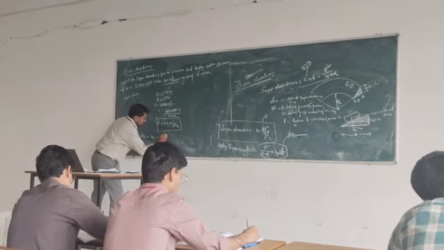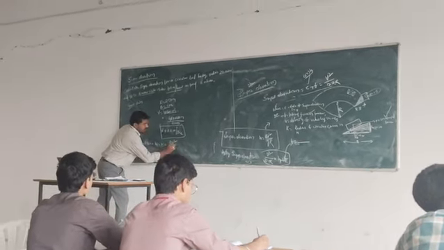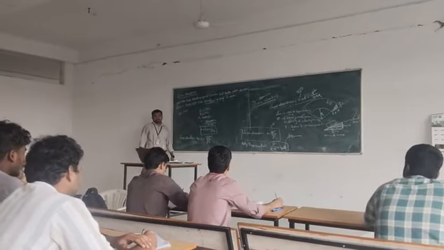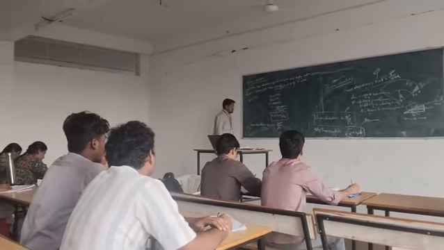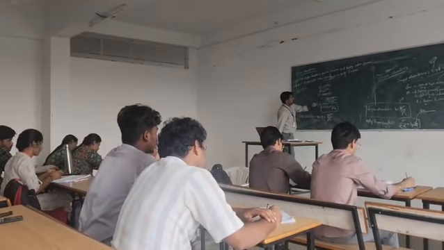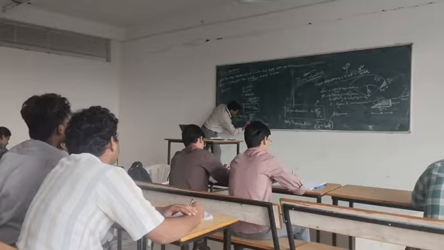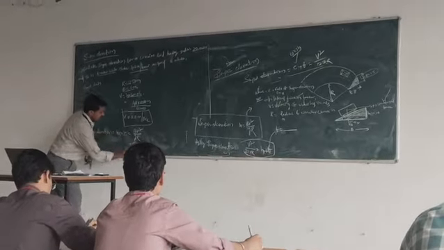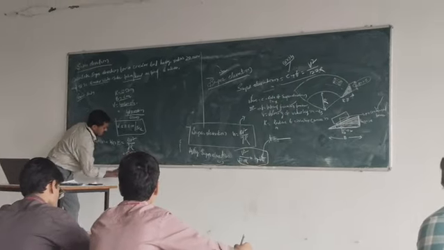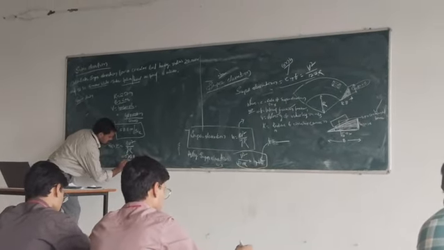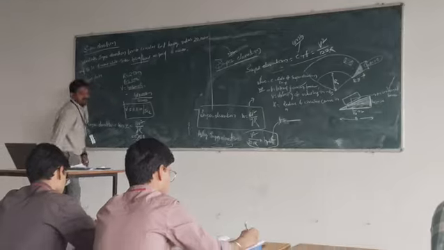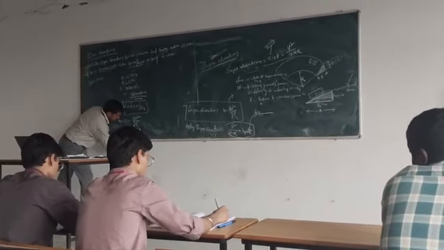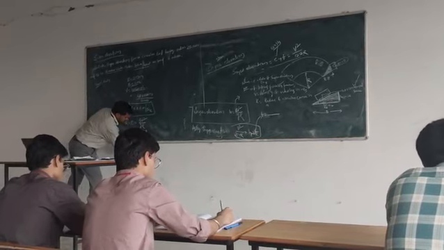So E is equal to V squared by GR. Here B is 6 meters, V is 11.11, G is 9.81, R is the radius, 250 meters.